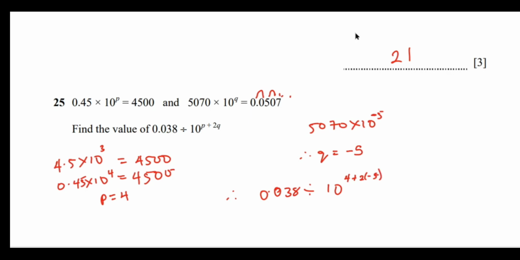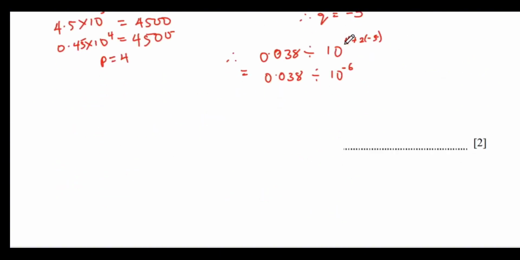So that will give us 0.038 divided by 10 raised to power minus 6. Changing this to multiplication makes the power 6. So that will give us 0.038 times 10 raised to power 6.